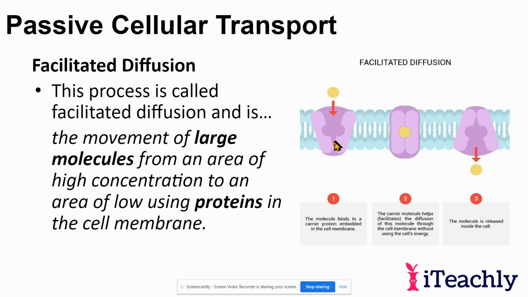Whatever the cell needs, the sugar molecule comes in here, then it closes, swivels back up this way, and takes in another one. You're still moving it along the concentration gradient, but it's too big or polar and can't move through the plasma membrane, so it has to have a channel protein. But again, this is done with no energy.